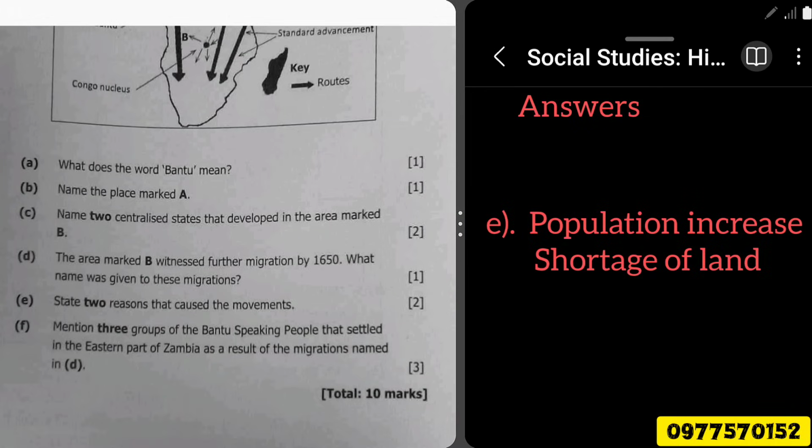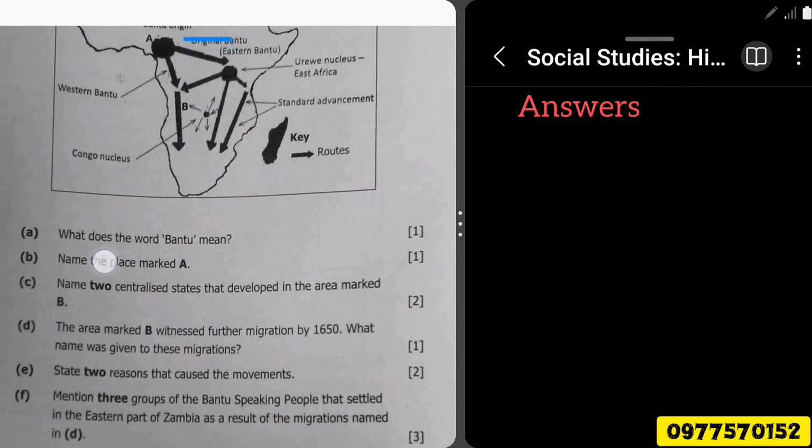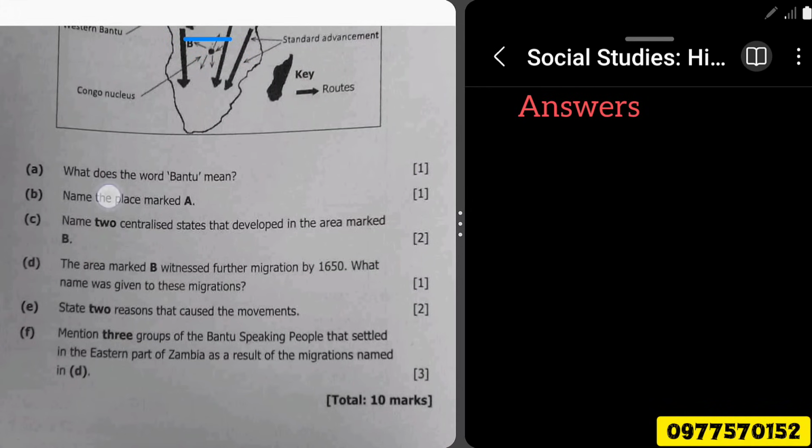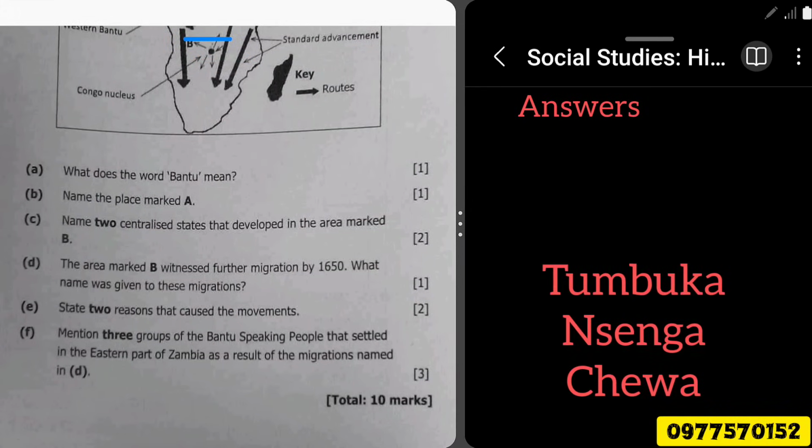Mention three groups of the Bantu-speaking people that settled in the eastern part of Zambia as a result of the migration named in D. We have the Tumbuka, the Nsenga, and also the Chewa.